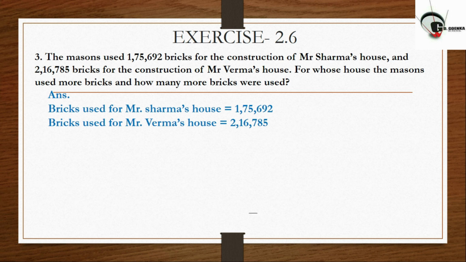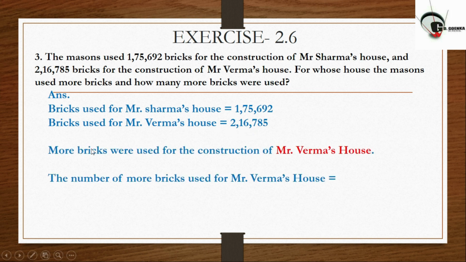As we can see clearly, for whose house were more bricks used? Of course for Mr. Verma, and it is in 2 lakh something. So we will write down more bricks were used for the construction of Mr. Verma's house. Now they have asked how many more bricks were used.